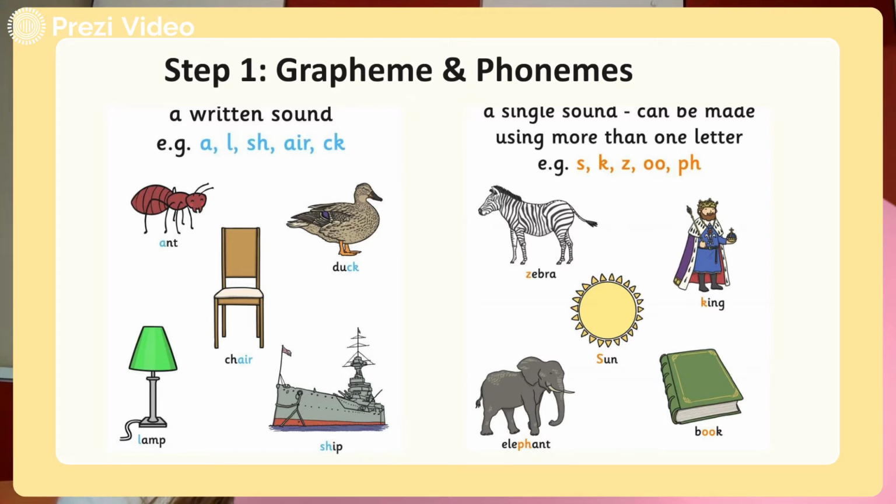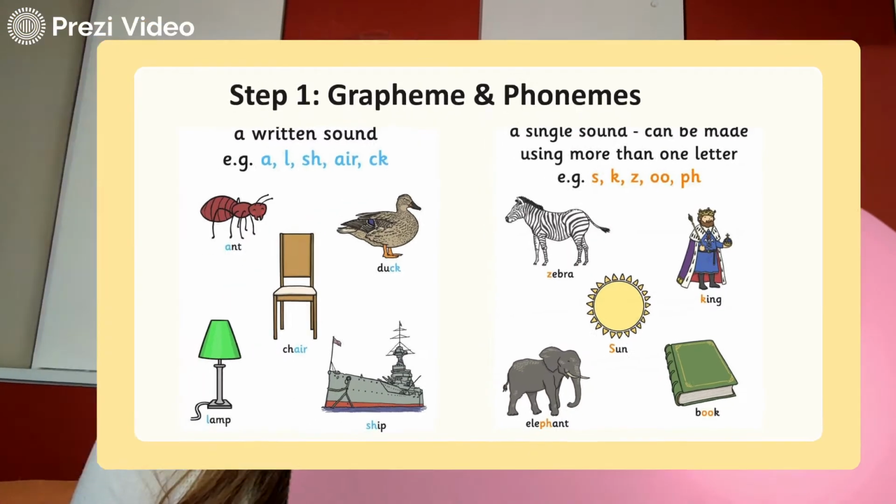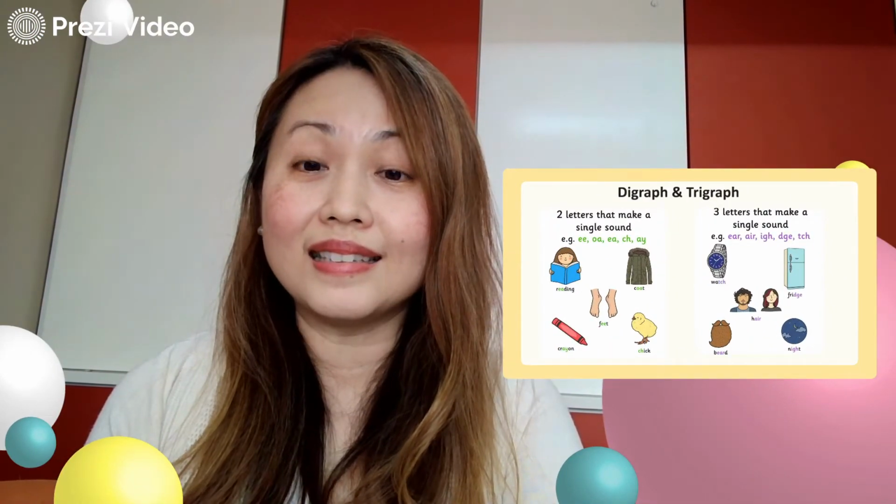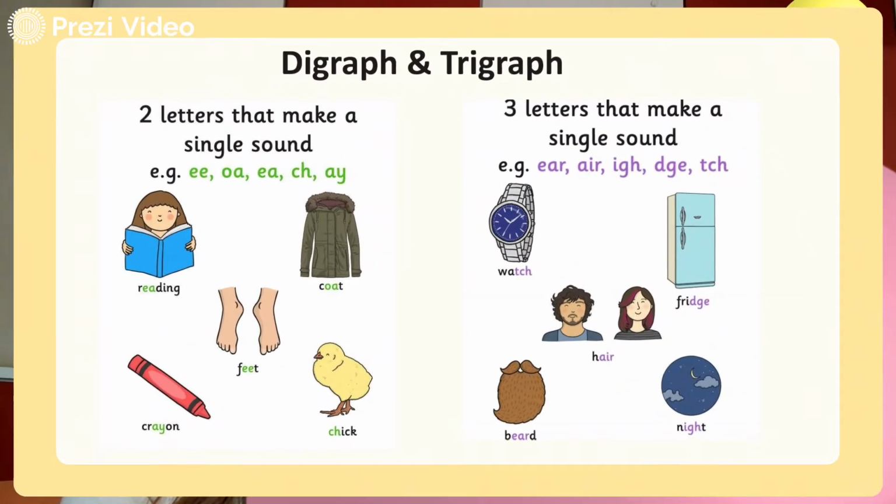It's important to bring awareness to how some sounds can be represented by more than one letter. So it's a good way to reintroduce these sounds to your child. And digraphs and trigraphs. So essentially, digraph is where a single sound is represented by 2 letters, and for trigraphs, a single sound is represented by 3 letters.